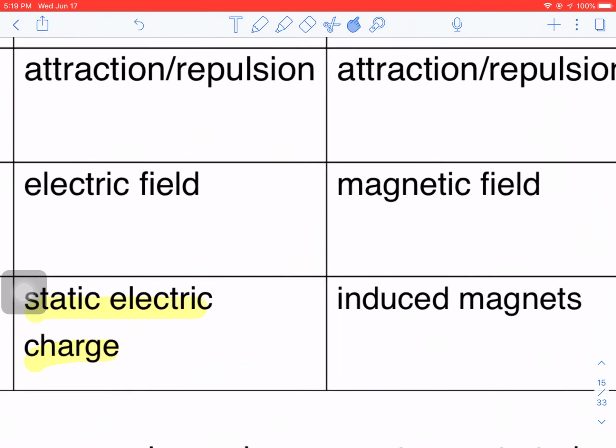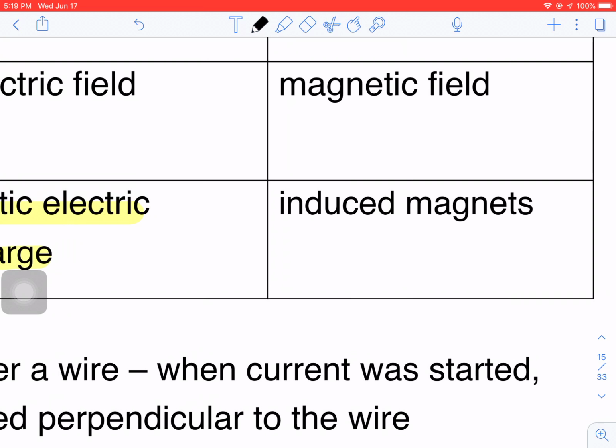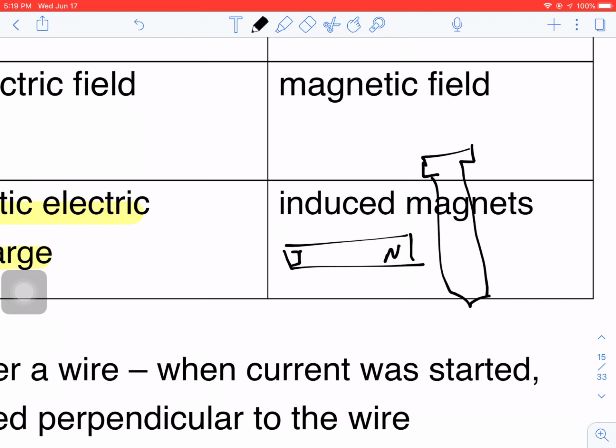If I take a magnet, and I take a nail, and I take the magnet and I pull it down the nail a bunch of times in the same direction, what it will do is it will align the domains that are within that nail, and I can turn that nail into a magnet, right?